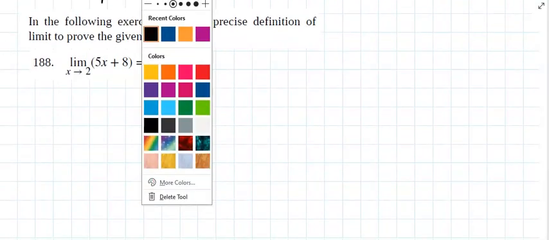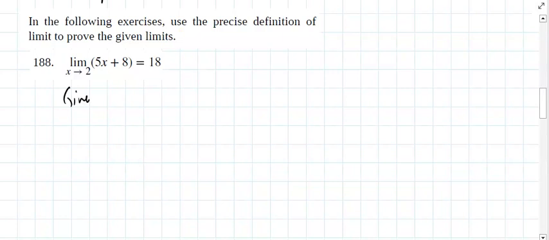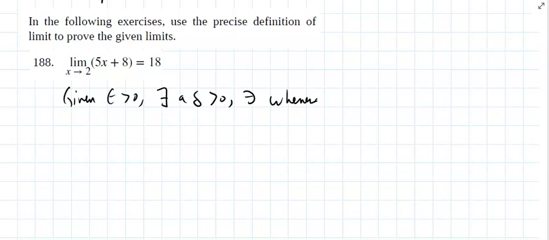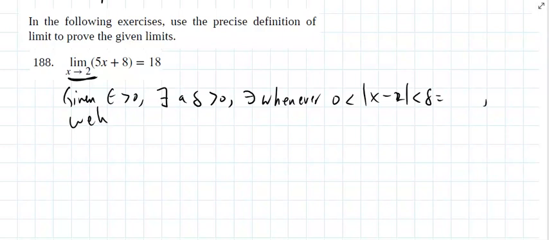We're going to start every problem in this section the same way. Given epsilon is bigger than 0, there exists a delta bigger than 0 such that whenever x minus 2 in this case is less than delta, which equals, we leave space, we have the absolute value of the difference of those.